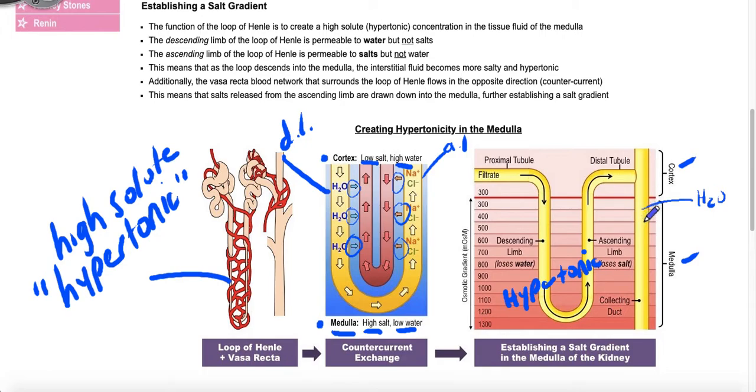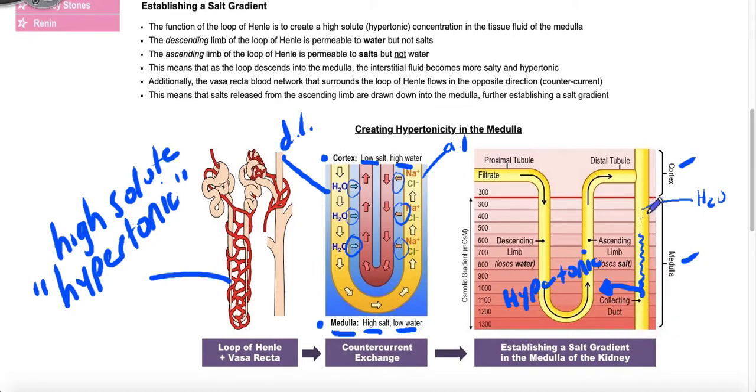This water found here in the collecting duct is attracted to areas of high solute concentration. So the water within the collecting duct is going to leave the collecting duct, and where is it going to go? This is what we're going to talk about in just a moment.